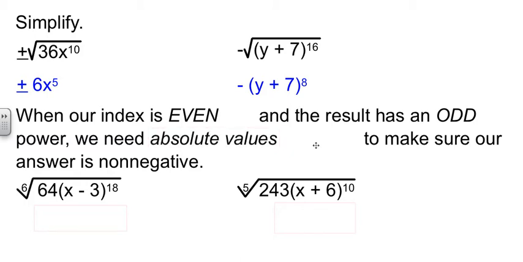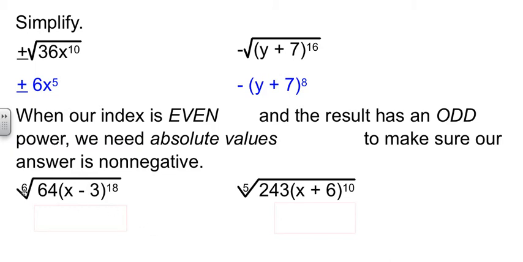So you need to use absolute values to make sure what you get is actually a positive answer, or not negative. We didn't have to worry about that on this one. We had an even index of 2, and we got an odd power of 5 at the end. But they wanted a positive and a negative, so it didn't really matter. We could put the absolute values in, but it's not necessary here.